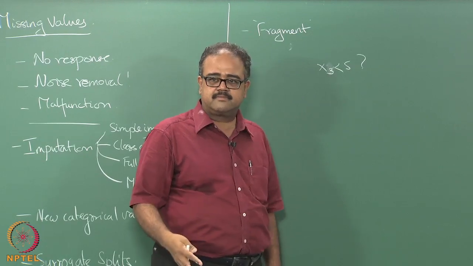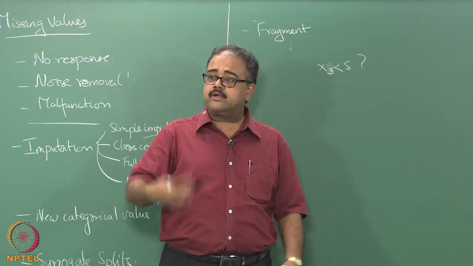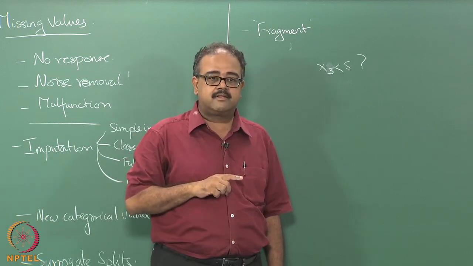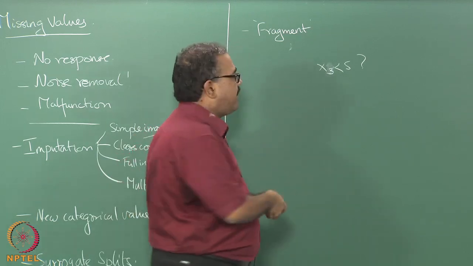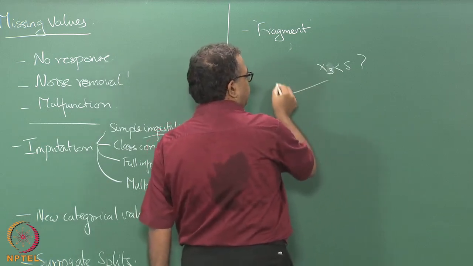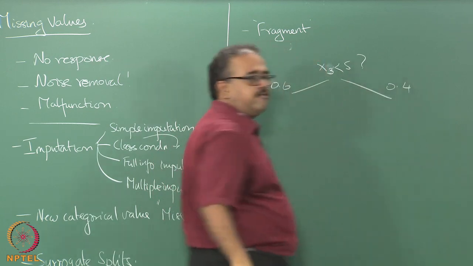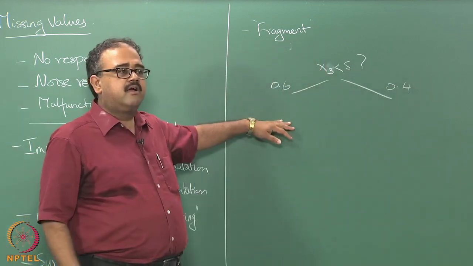x3 is missing, right. What I do is I look at all the data points for which x3 was not missing. I will see what fraction went down this way, let us say 0.6 went here, 0.4 went here. So, what is 0.6?